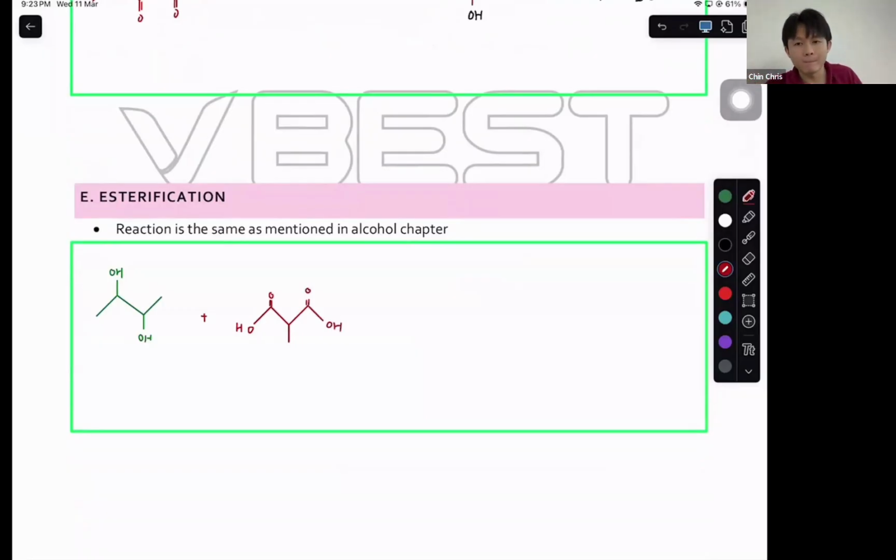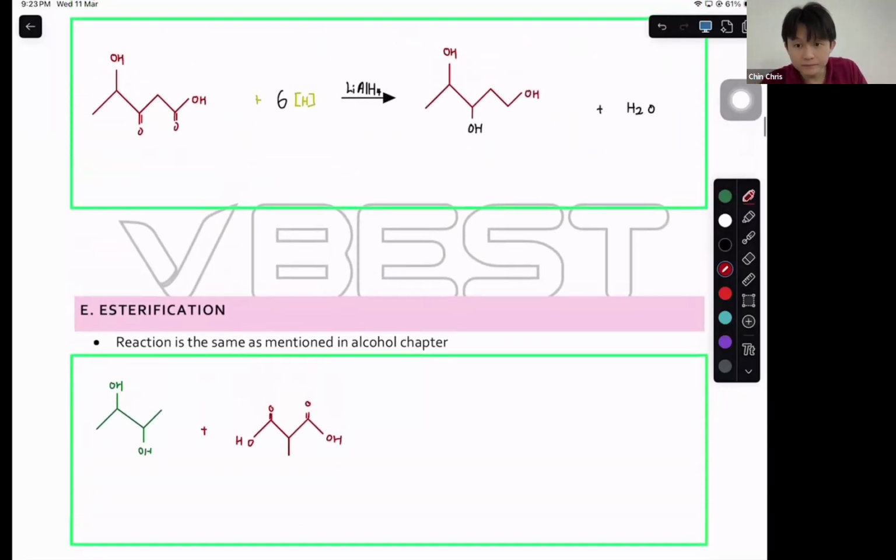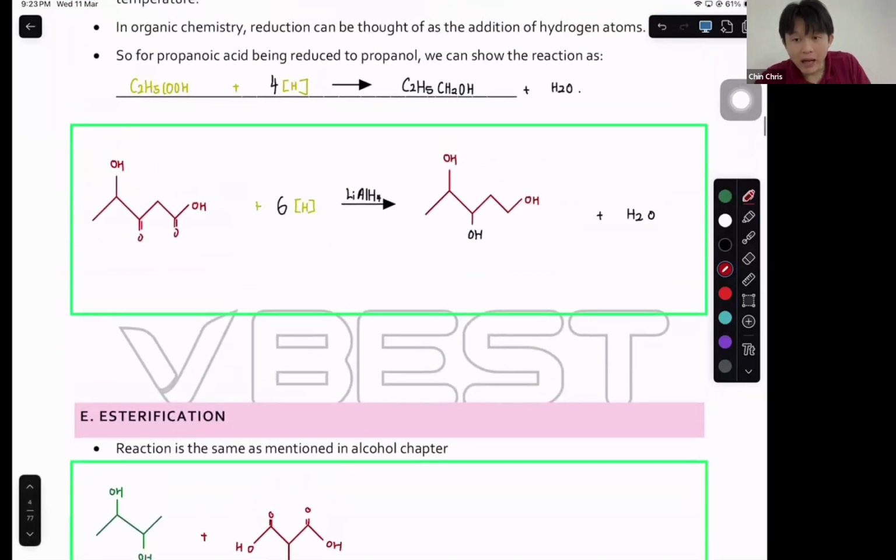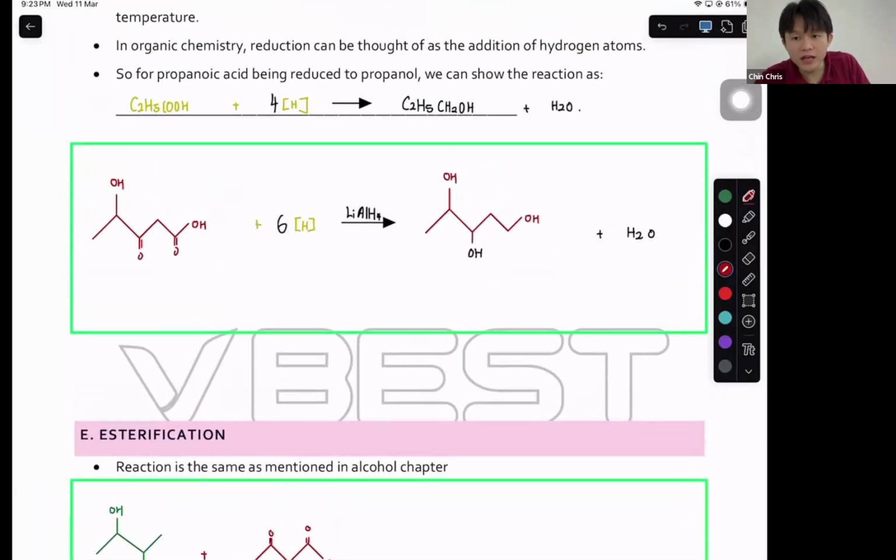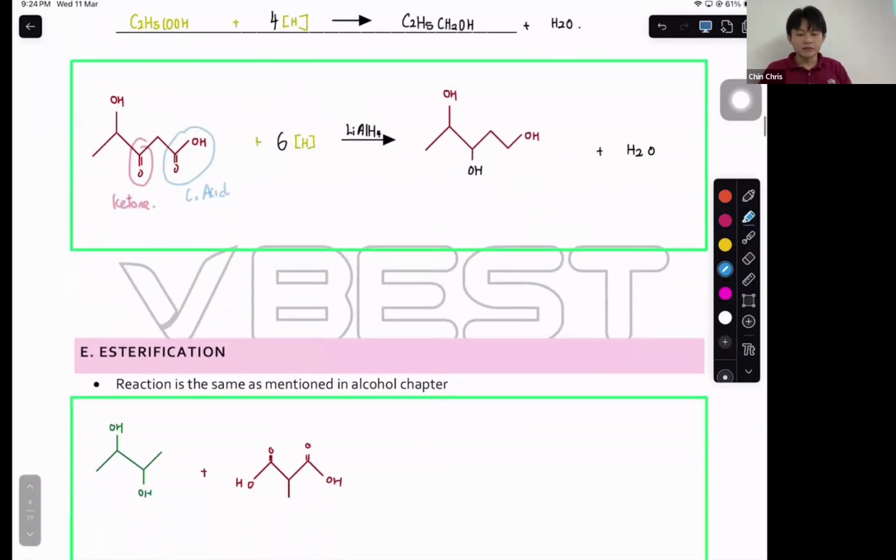Let's go. Both double bonds are different, as in one is aldehyde, one is ketone? No, this is a ketone. This is a carboxylic acid. How can it be aldehyde? Understand or not? It's a carboxylic acid. Okay, I highlighted it for you already.